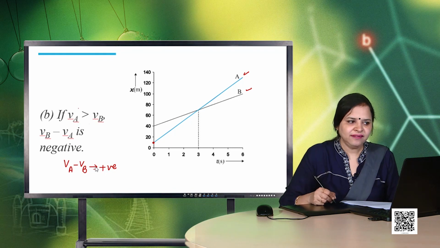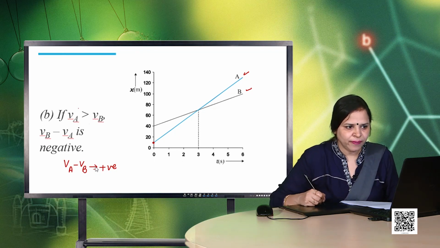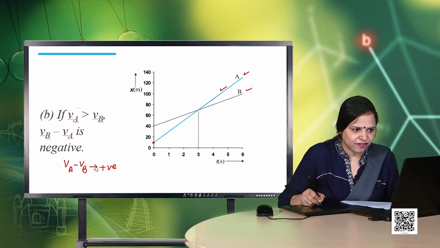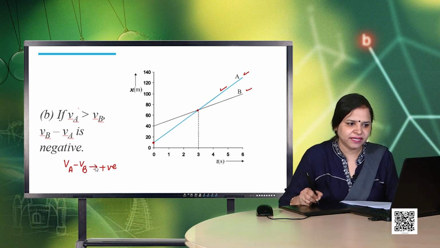Since VA is greater than VB, we may conclude that the slope for A will be more. The slope of the xt graph for object A will be greater than the slope of the xt graph for object B, and that is how we can see here that the slope is steeper for A. At this point of intersection both the objects will be meeting at this particular instant.